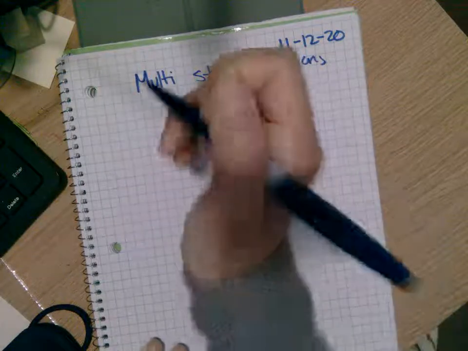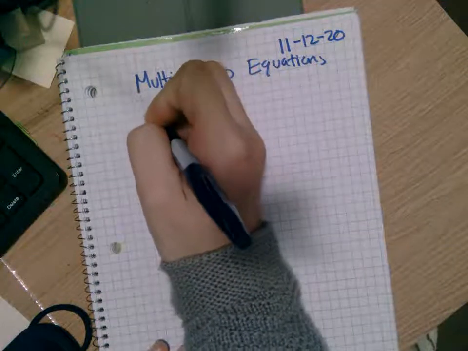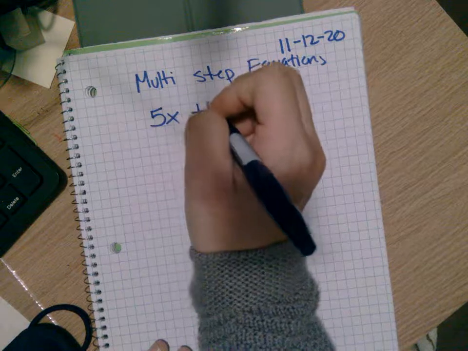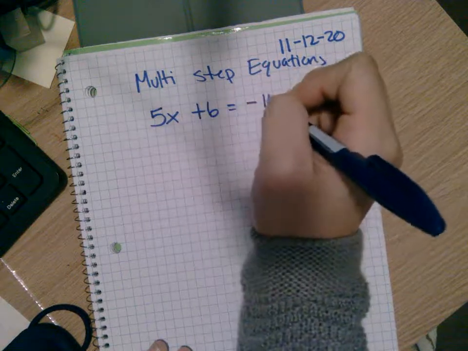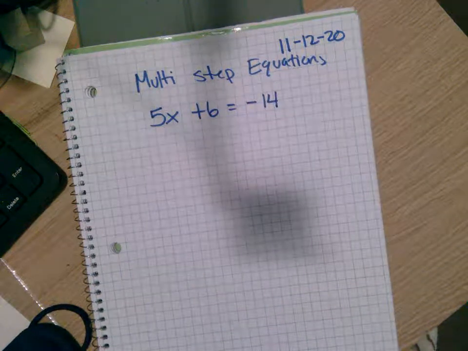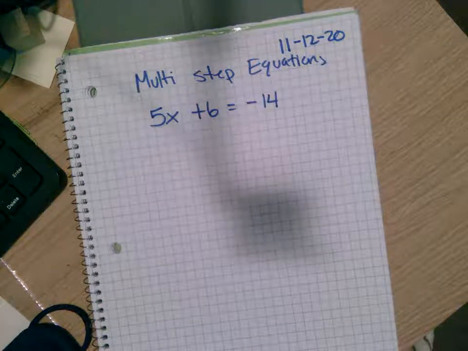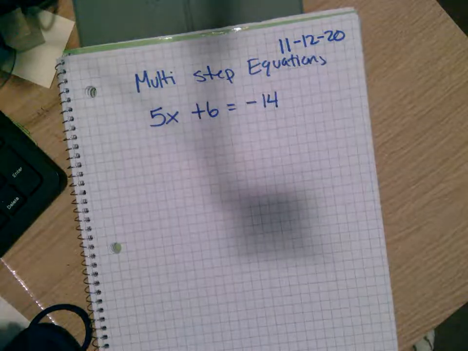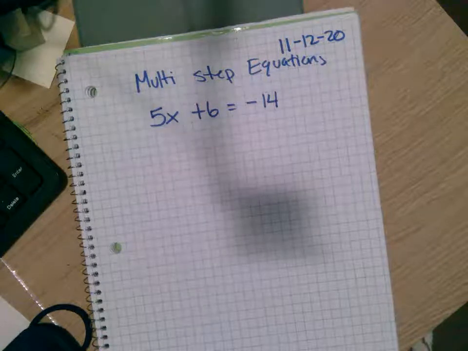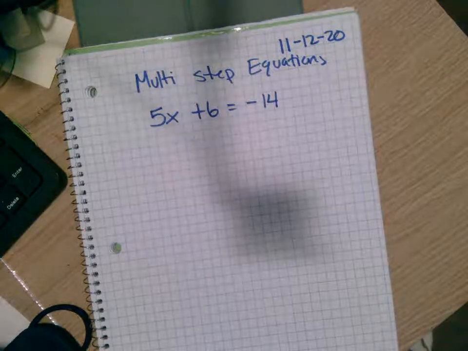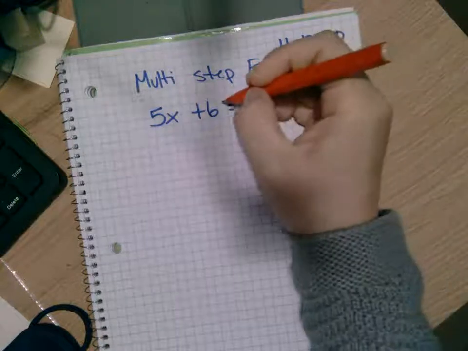Do this. Start off with this one. 5x plus 6 equals negative 14. What do I do first? Bars. Bars, exactly.